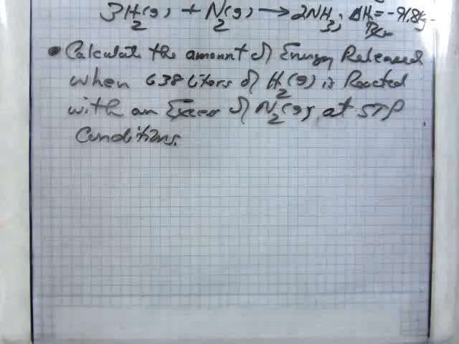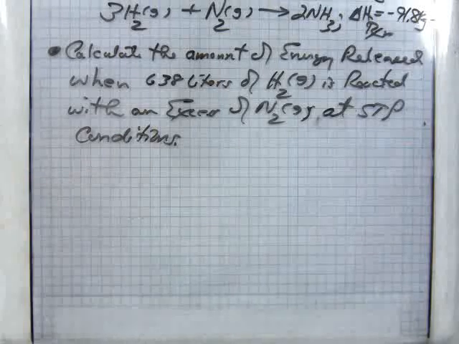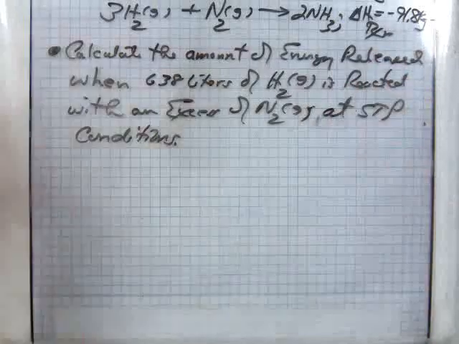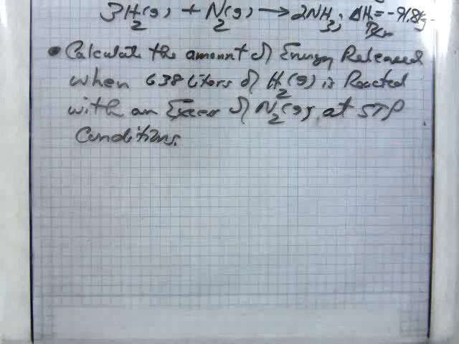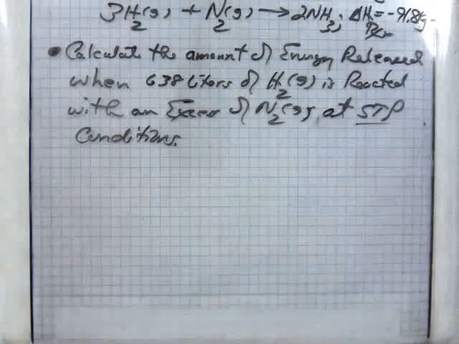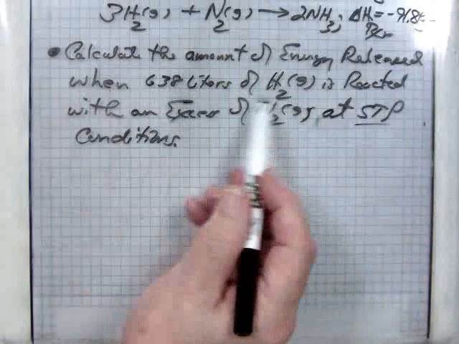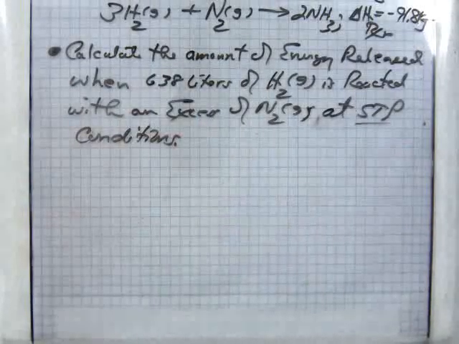Rule 1 still holds. Convert to moles, solve the problem in terms of moles. And if they want something else, say they wanted you to convert to calories or something, then make the conversion after you finish the mole-mole relationships. So I've given you STP, so what does that tell you? Well, I've got 638 liters of hydrogen gas. How do I convert that to moles?